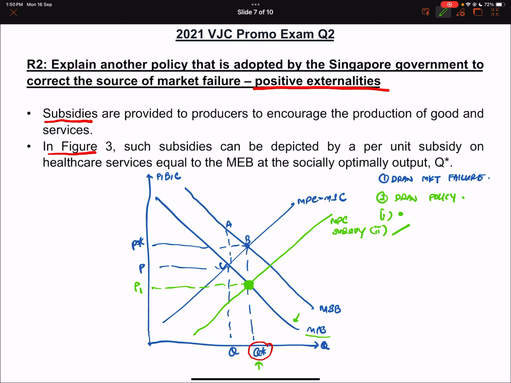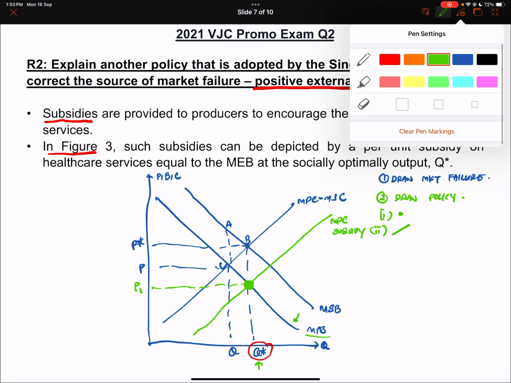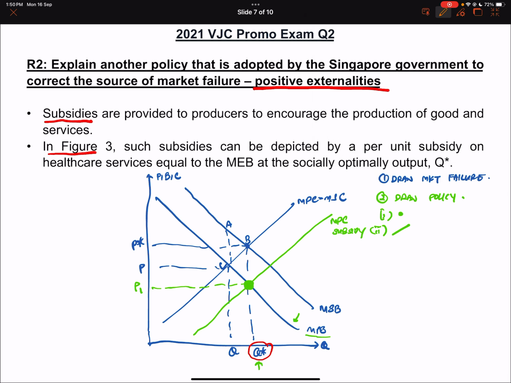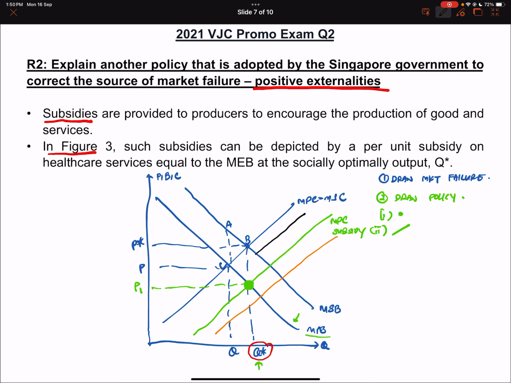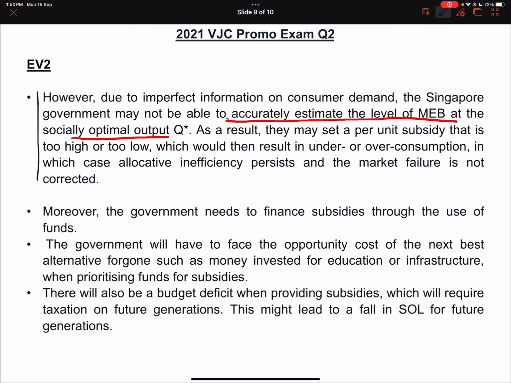But if the government doesn't find the green circle, and they over-subsidize, they push it here, or they under-subsidize and they push it here, you don't actually hit the sweet spot and eliminate the market failure. That's what the first point is trying to say. Don't know how much to subsidize. If you over or under, then what happens?